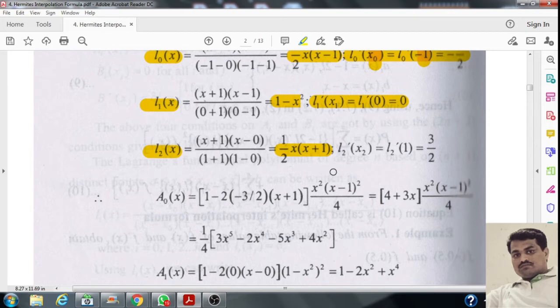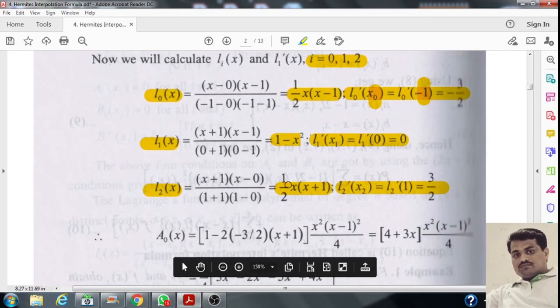Then again differentiate this L2(x). After differentiation, L2 dash of x is equal to 1 by 2 into (2x plus 1). And then put x equal to x2, where x2 is equal to 1, and we get L2 dash of x2 equal to L2 dash of 1, which is equal to 3 by 2.